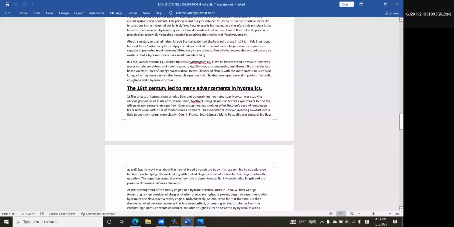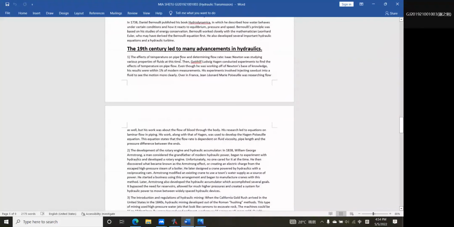The 19th century led to many advancements in hydraulics. First, the effects of temperature on pipe flow and determining flow rate. Isaac Newton was studying various properties of fluids at this time.